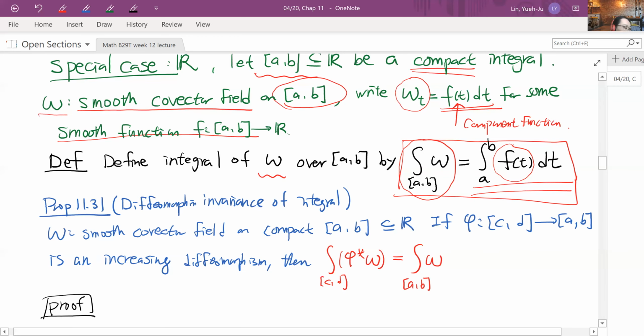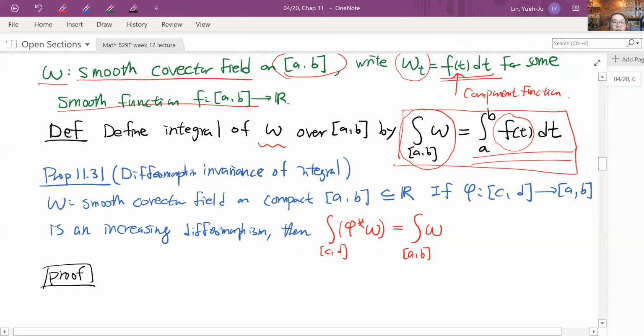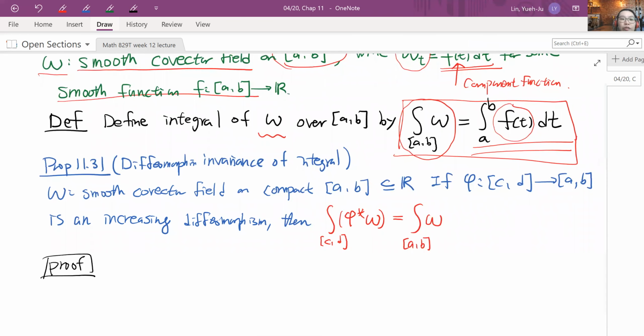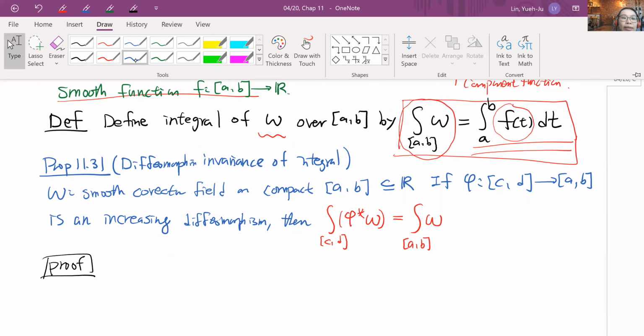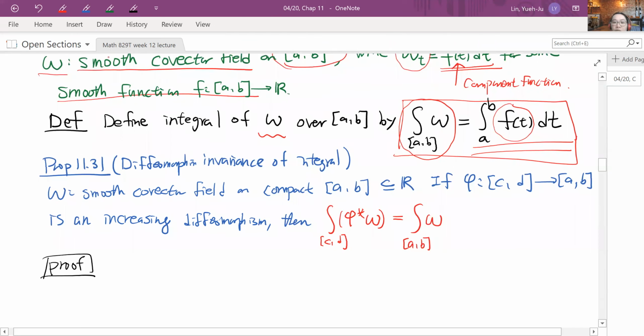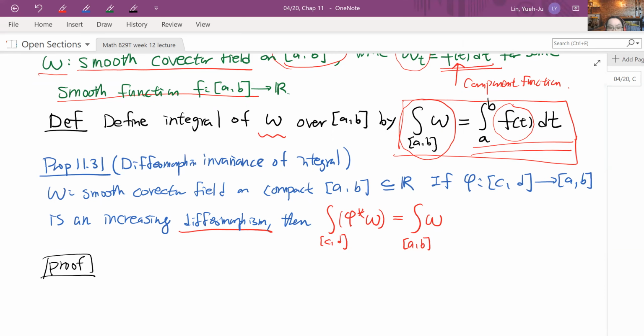So this is the first thing we can see: the integral that we define here actually has diffeomorphism invariance. In the sense that if you have an increasing diffeomorphism, you can think of this as essentially a change of variable. So W, again, is a smooth covector field on a compact interval.